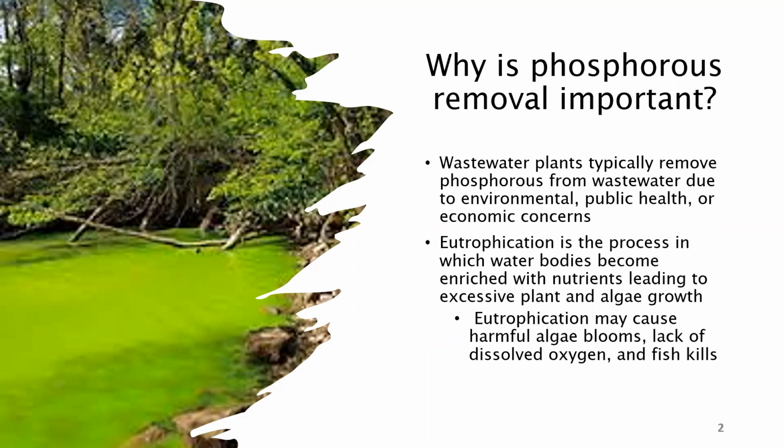Phosphorus removal is important because if we have too much phosphorus entering the receiving water bodies, that phosphorus is going to promote growth of algae and undesirable aquatic life that will eventually change the whole characteristics of that water.